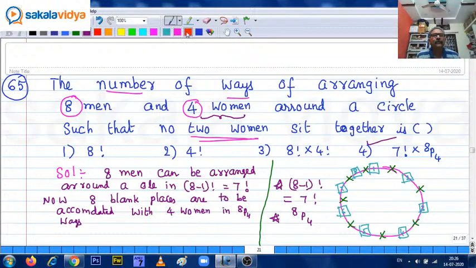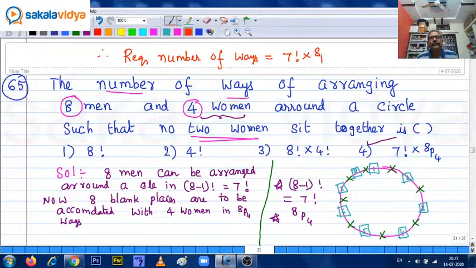Okay, therefore the required number of ways is equal to 7 factorial times 8p4. This is our answer. So that means the fourth option is the right option.